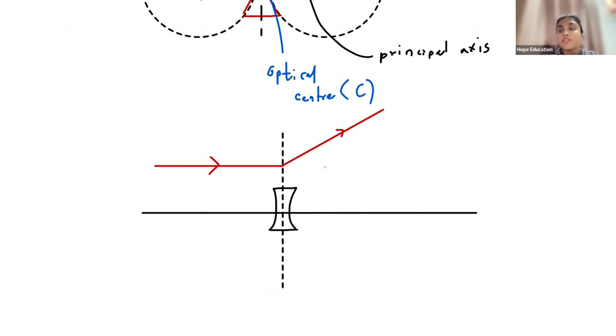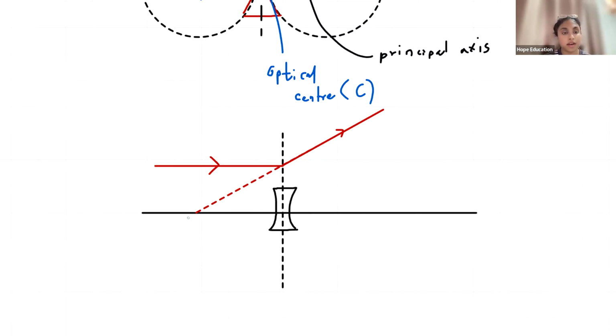How do I determine the focal point? Right? So with the refracted light ray, you are going to extend it backwards, like this. And the point where it meets the principal axis, I label this as F because this is the focal point.